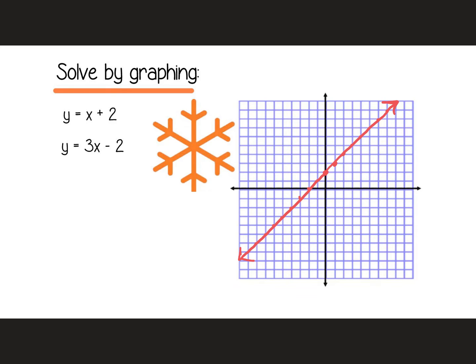For the second line, that y-intercept is -2, and the slope is 3, or 3 over 1. So I'm going to go up 3 and over 1. Okay, so now I can already see where they intersect because I just ended up with it. So I'm not going to graph additional points here. I'm going to go ahead and connect them.